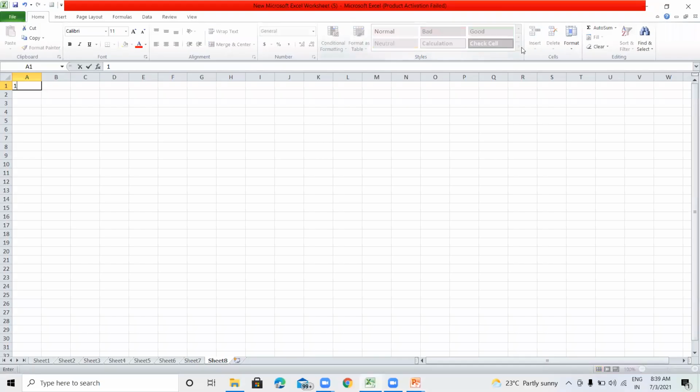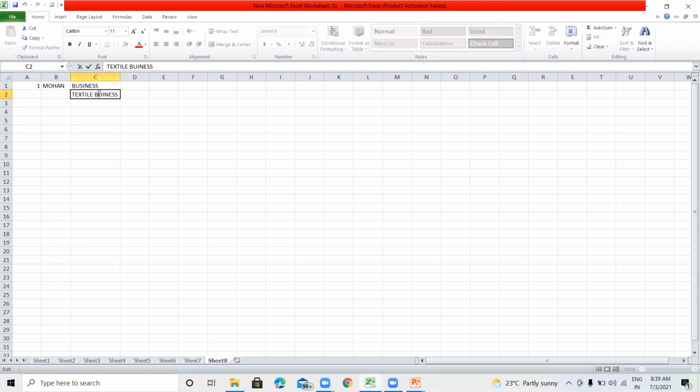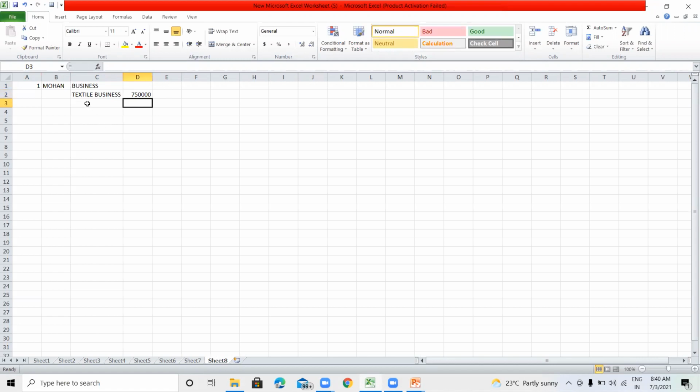For example, there is an assessee, Mohan. He has two businesses. Number one, he has a textile business, in which he has a profit of rupees 7,50,000.